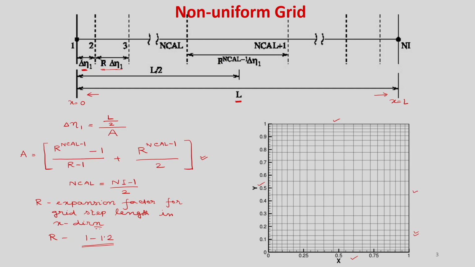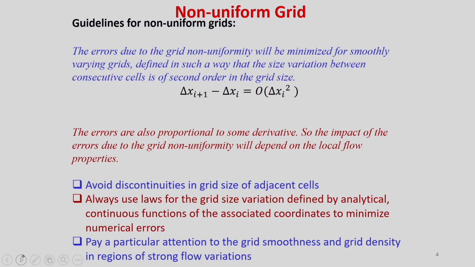Okay. Now, let us see the finite difference approximation of any derivative. Now, we will discuss the guidelines for non-uniform grids. The errors due to grid non-uniformity will be minimized for smoothly varying grids defined in such a way that the size variation between consecutive cells is of second order of the grid size.